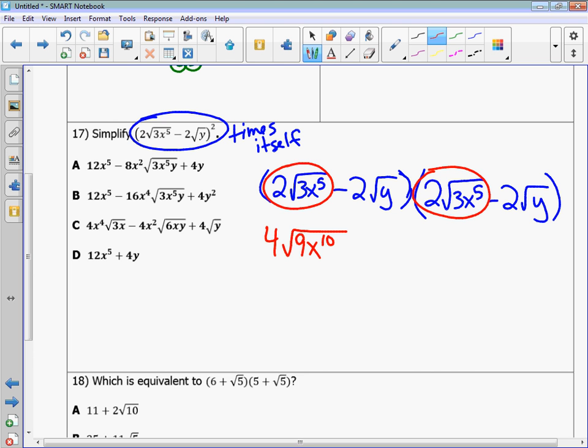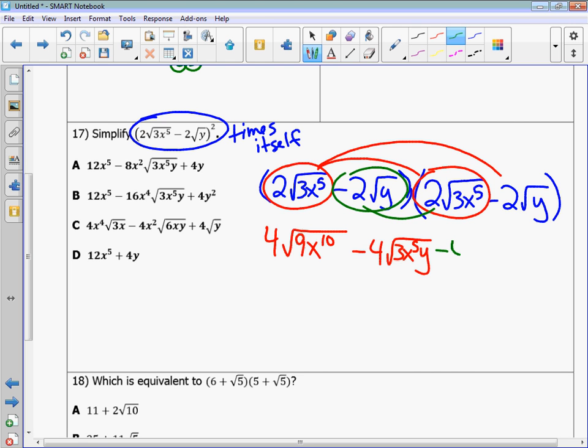Minus 4 square root of 3x to the 5th y. And multiply the middle two terms, so it's a negative 4 square root of 3x to the 5th y. And multiply the last. That's plus 4 square root of y squared.